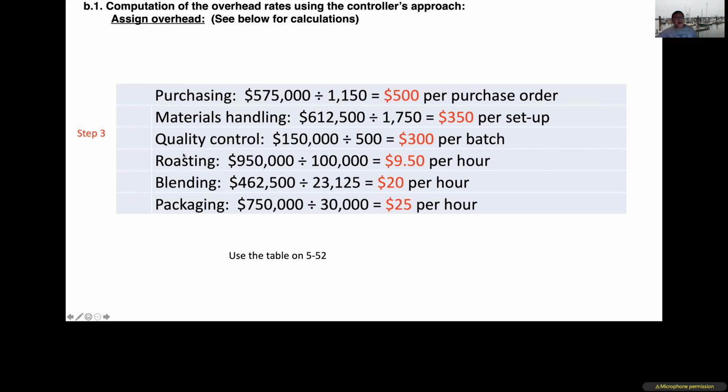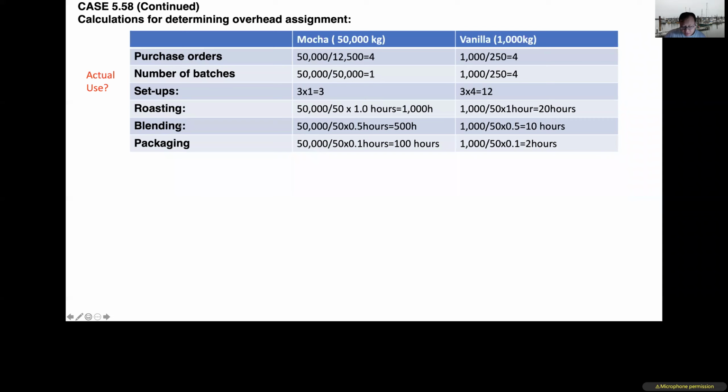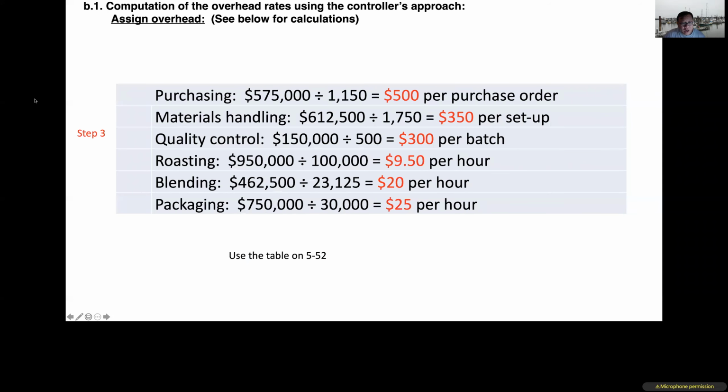Those are the 6 cost drivers. In step 3, we are using the information provided in the table on page 5-52.